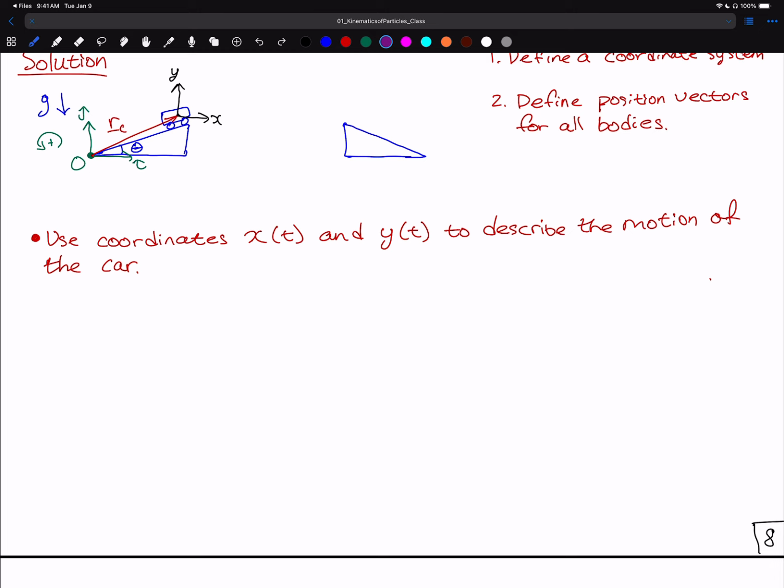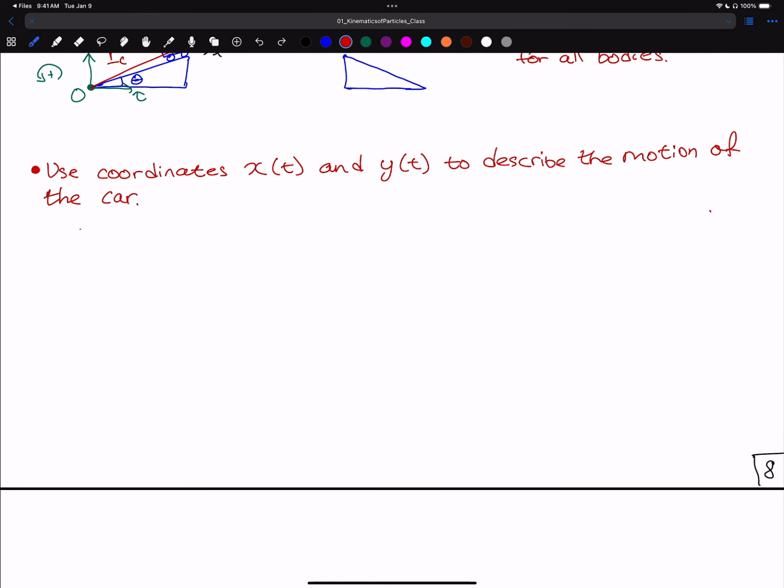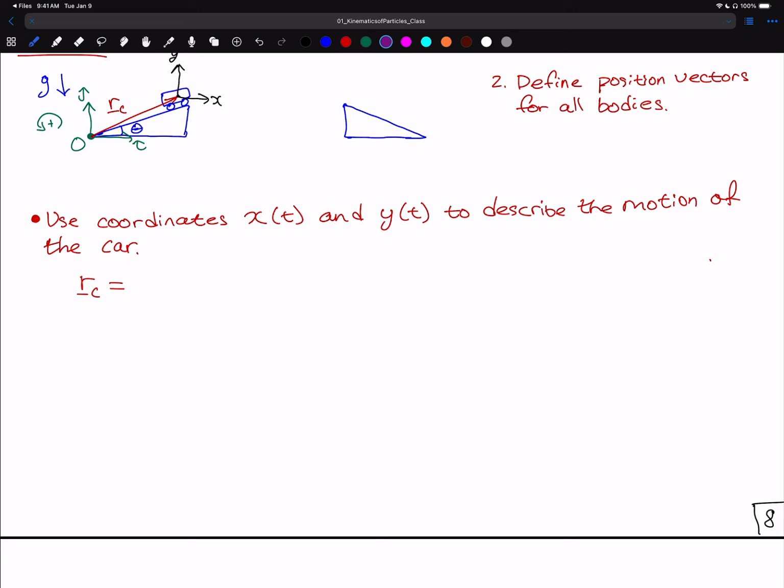We're going to start to add in some dimensions here so that we can write out what the position vector is. So we know that first RC is going to be equal to, it's a vector, we're going to have a component in the I direction, a component in the J direction as well. But we need to find where our reference frame is with respect to this system at the start of this motion.